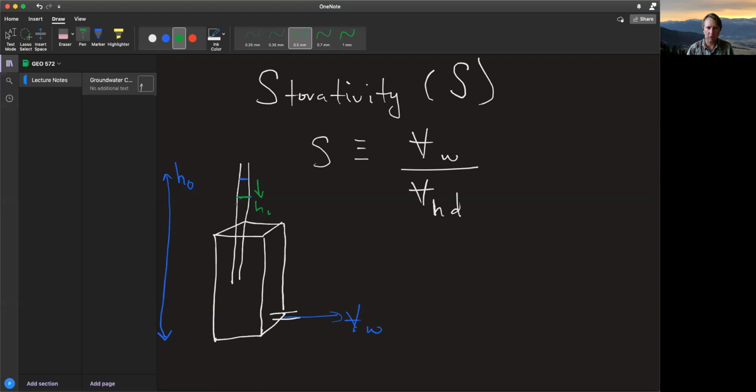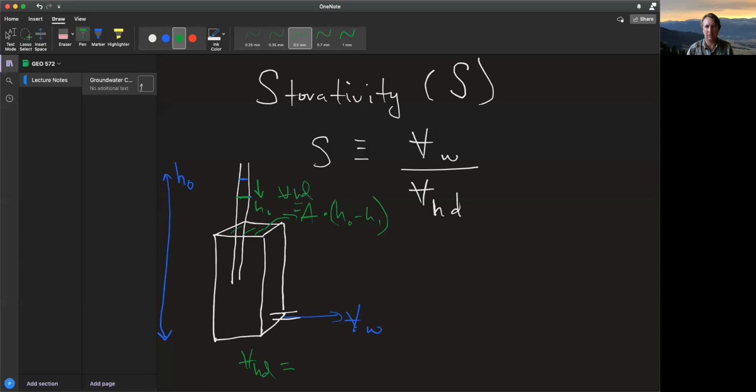All right, my volume of head drop, VHD, is equal to the area here of my aquifer times the change in head of H naught minus H1. All right, this is equal to VHD.